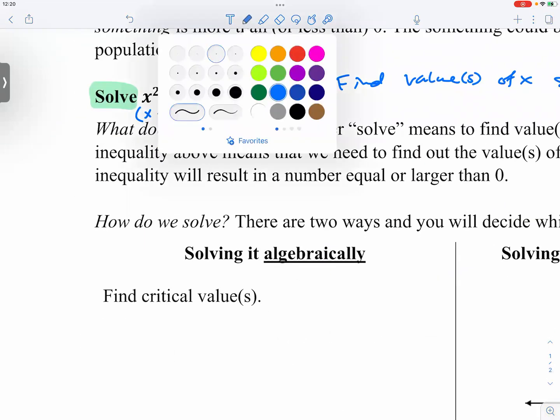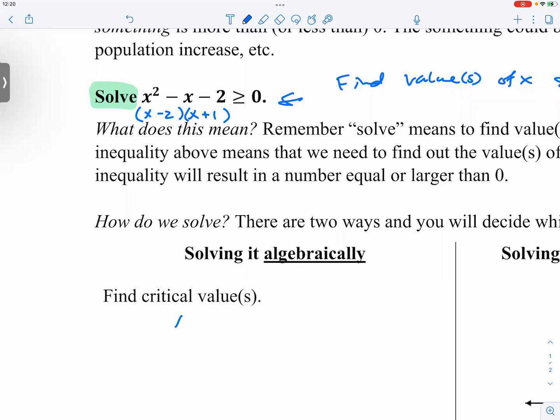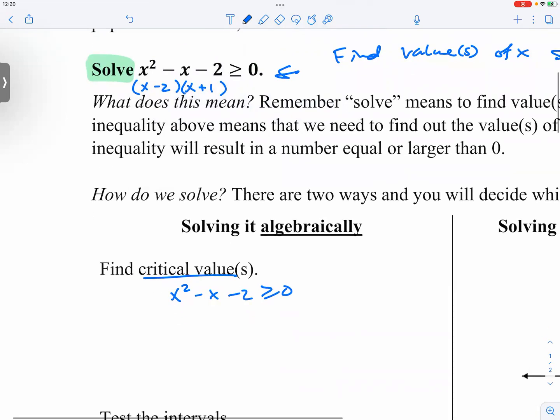So let me go ahead and write down the inequality again. So now we are going to find out something called a critical value. Okay, it's very critical because it sets up the borders. And so let's go ahead and factor this, which we just did. So I'm going to write it here.